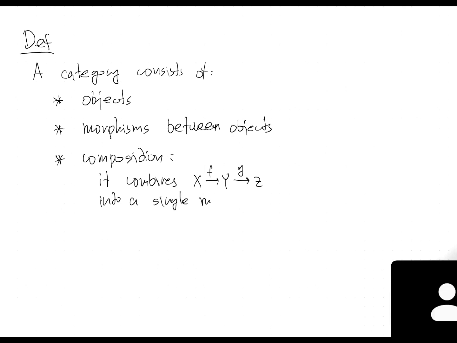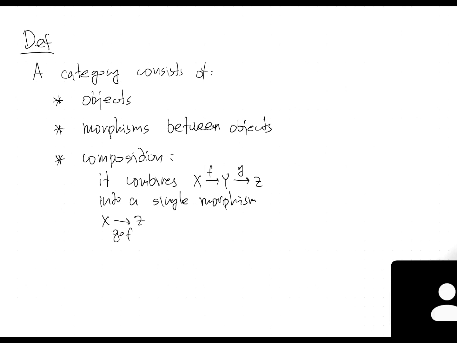And that single morphism must start with the starting point of F and end with the ending point of G. So its domain will be X and the codomain will be Z, and it will be written as G circle F.